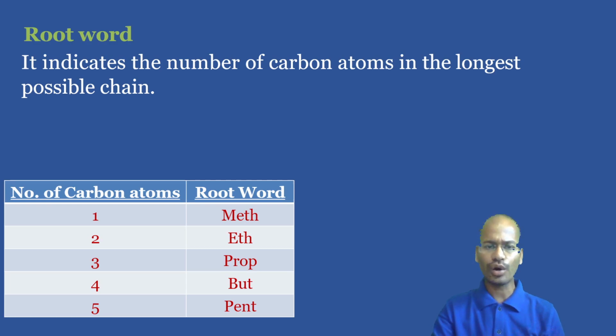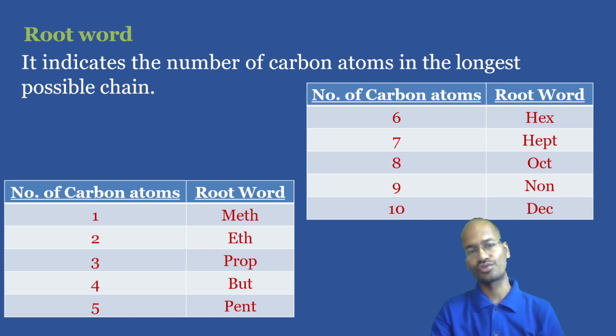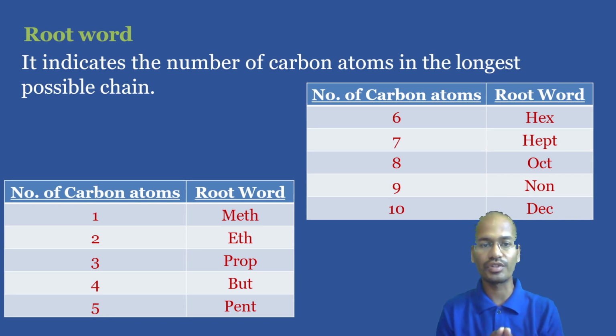If there is one carbon, then meth; 2, eth; 3, prop; 4, but; 5, pent; 6, hex; 7, hept; 8, oct; 9, non; 10, dec. For example, 20, eicos; for example, 11, undec; for example, 12, dodec. Like that, depending upon the total number of carbons present in the given organic molecule, we should be in a position to decide the root word.